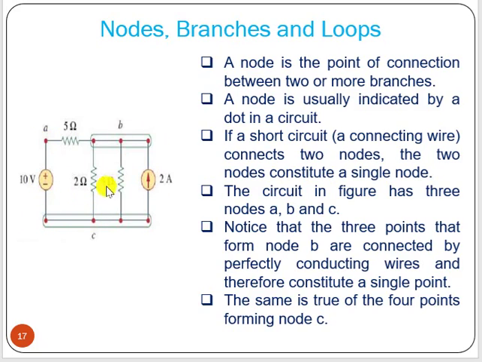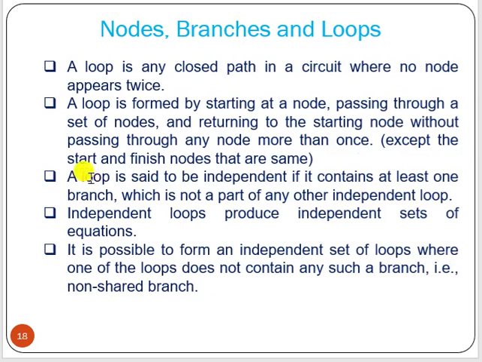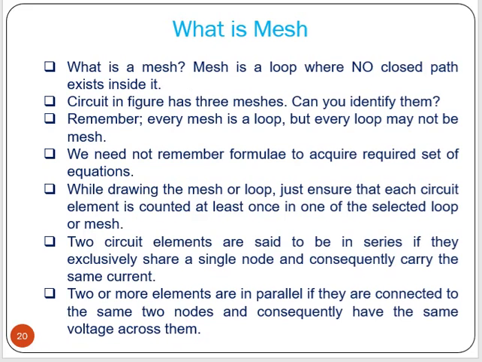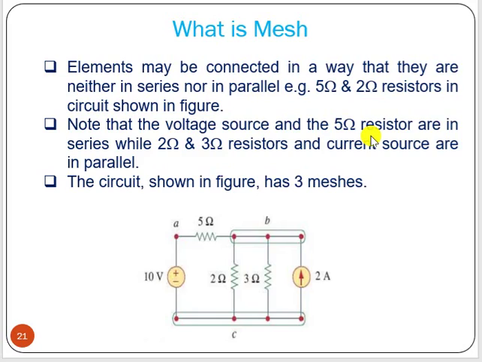So from A to B, the 5 ohm resistor, current source and coming back to the voltage source, as a whole is not a mesh because it contains two more loops. So the circuit in the figure has three meshes.